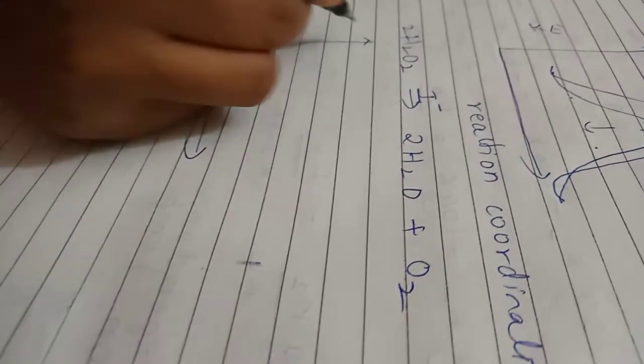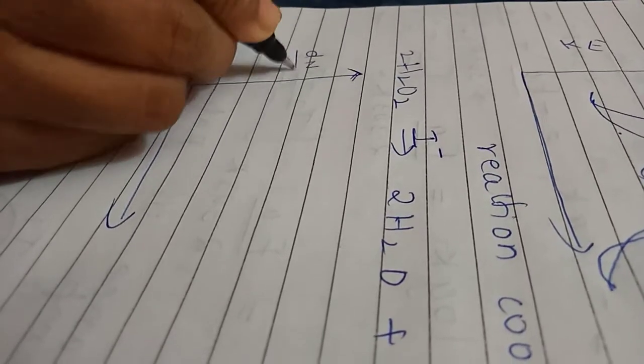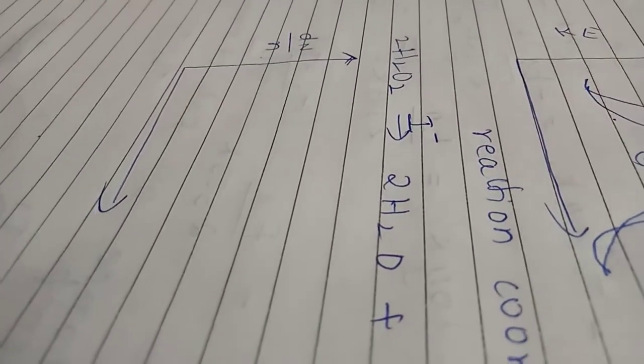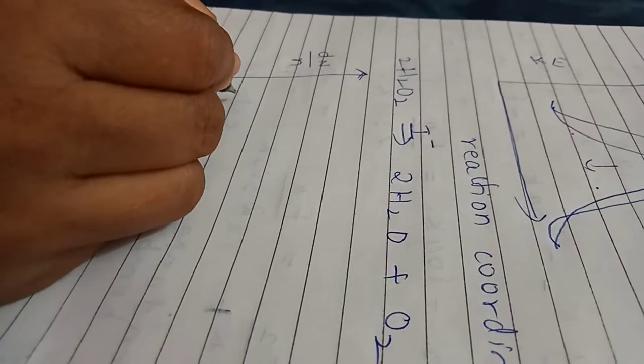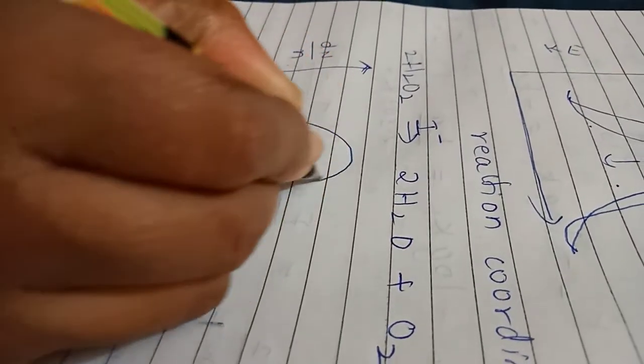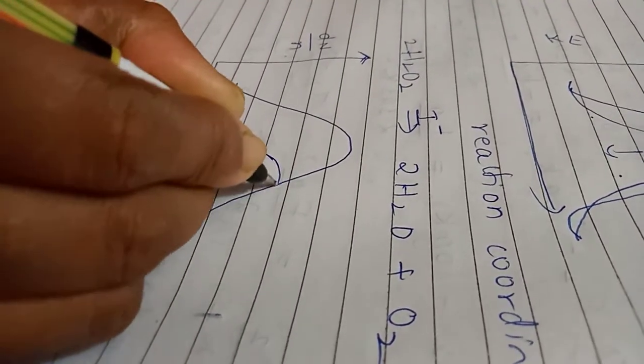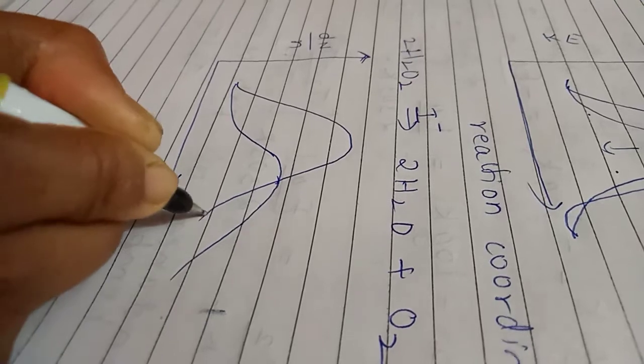What type of graph do you get here? Again, the fraction of molecules getting converted into products is much higher here.